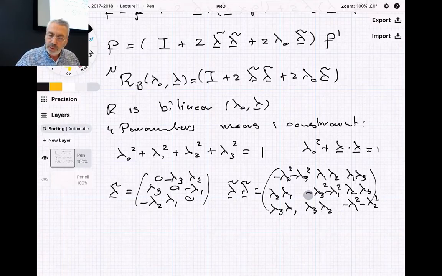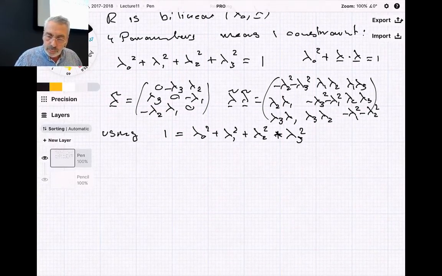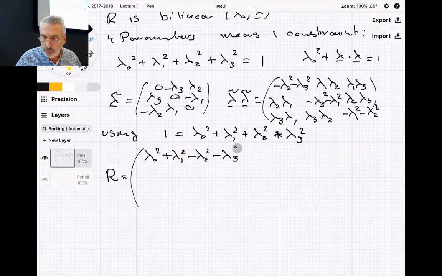Anyway, taking these two, substituting that, and using the identity 1 equals lambda 0 squared plus lambda 1 squared plus lambda 2 squared plus lambda 3 squared, you finally get a nice expression for your rotation matrix, which looks like this. Lambda 0 squared plus lambda 1 squared minus lambda 2 squared minus lambda 3 squared.